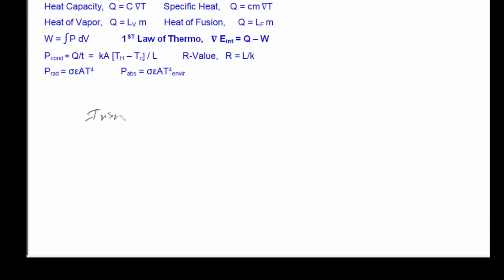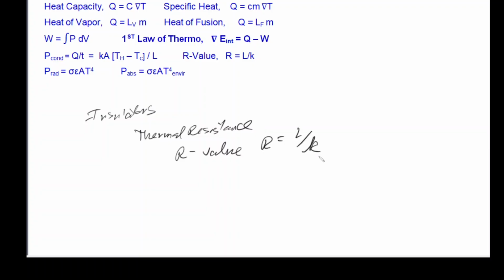That's what insulators do. They resist the transfer of heat, and we call that thermal resistance, and we give it an R value, where R is equal to L over K. And you may see this R value listed on insulation when you go to a home supply store.